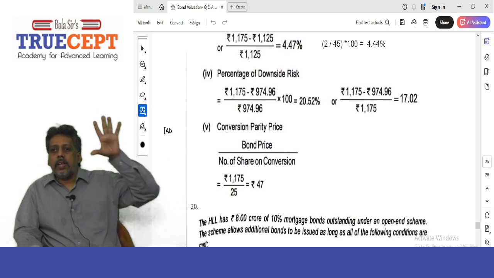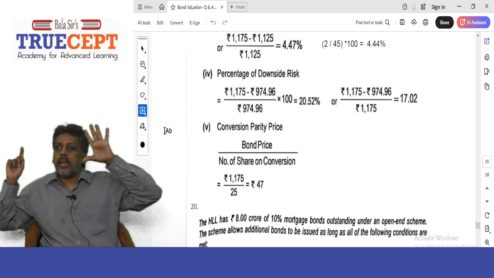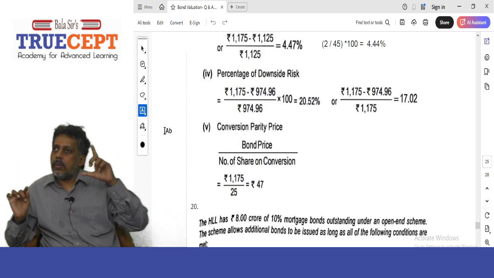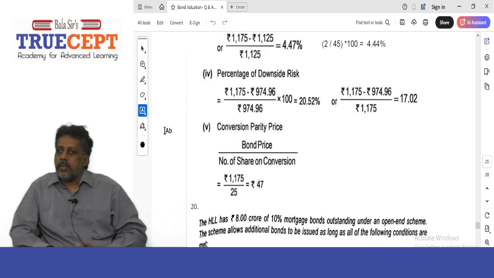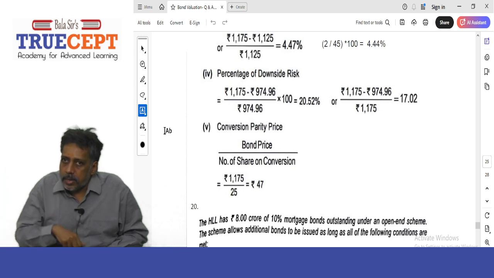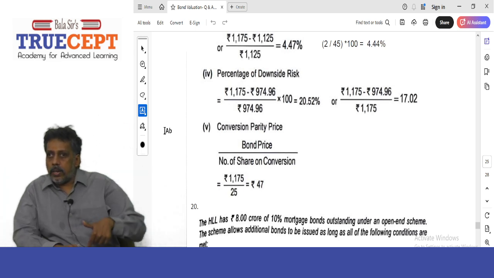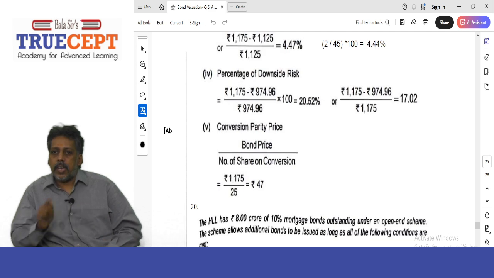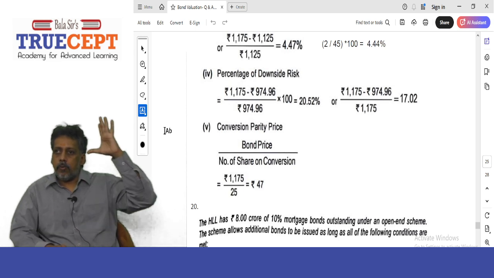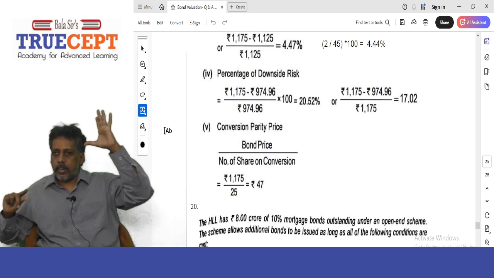suppose, let's say the shares are trading in the market at, right now what is trading at? 45 rupees, right? Suppose it goes to 47 rupees a share. It doesn't matter whether you buy the shares in the market or buy the bond and convert them into what? 25 shares. It doesn't matter. Both will be what? 47. Right now it is 47 rupees effective price and 45 market price.